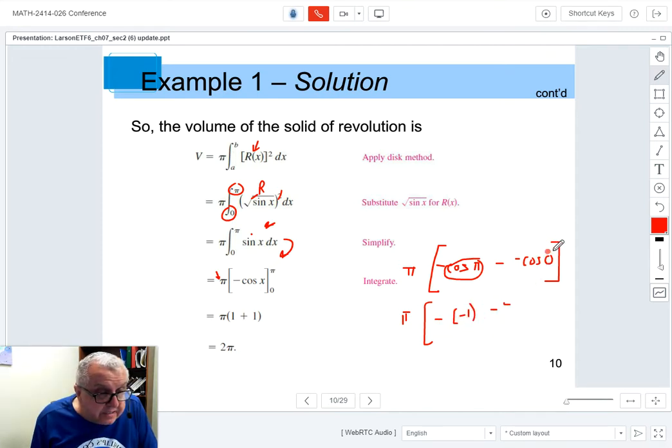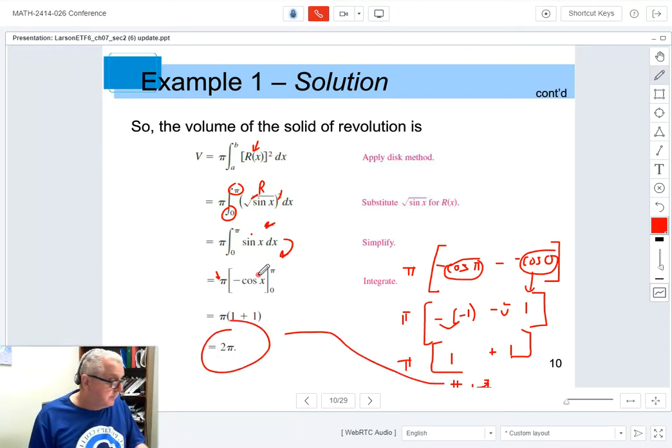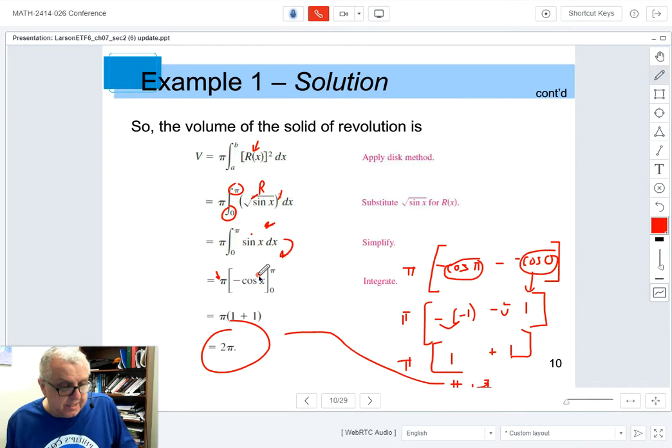The cosine of 0, if you look on your unit circle, is 1. Negative, negative changes to a +1. 1 plus 1 is 2. So we're left with pi times 2, which equals 2 pi. And that is the volume of that lemon. 2 times 3.14, and so on.